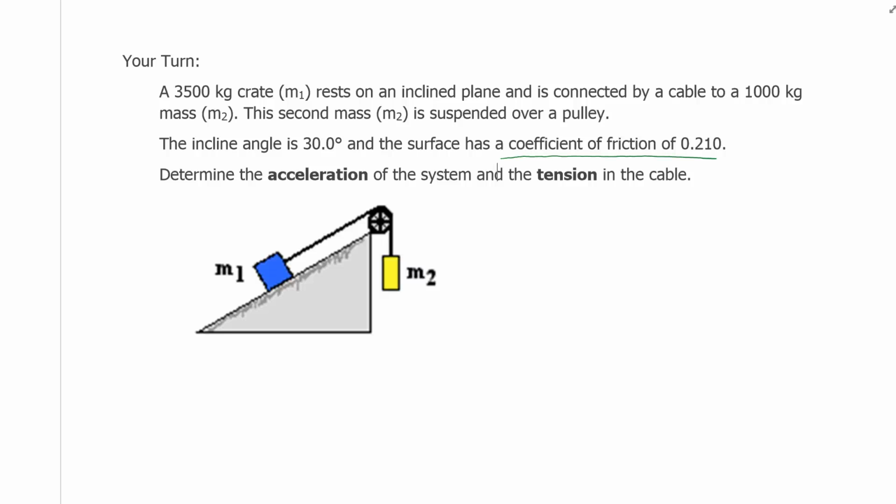Okay, so what's different with the friction question, this one and the last one? Well, let's put in all the forces that we did before. So this is still Fg2. This is still the tension force. This is still FG parallel, this is still FG perpendicular, and this is still the normal force.